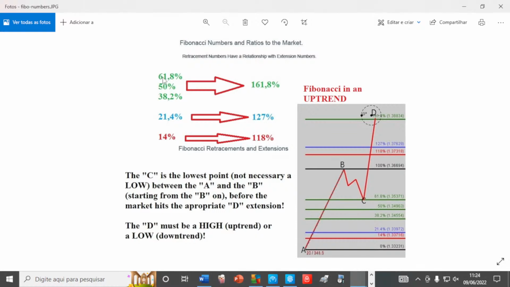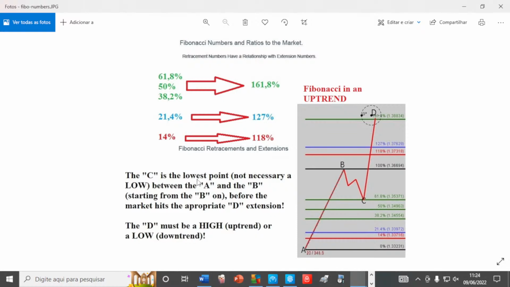The 61.8 retracement goes to 1618, 50% goes to 1618, 38.2 retracement goes to 618, 21.4 goes to 127, blue goes to blue, 14% goes to 118. Fibonacci retracements on the left and the appropriate extension on the right.